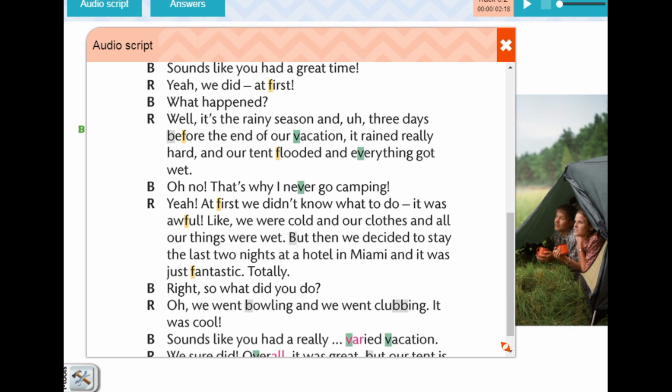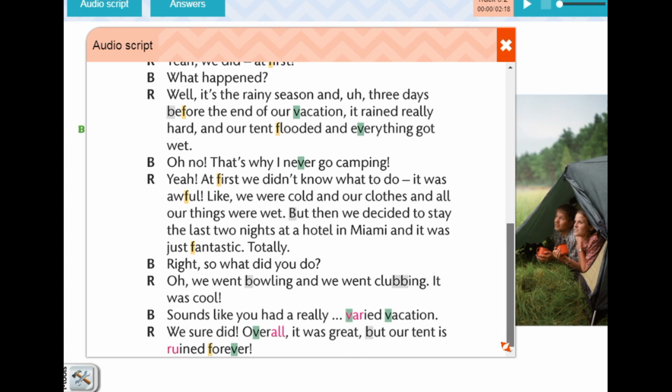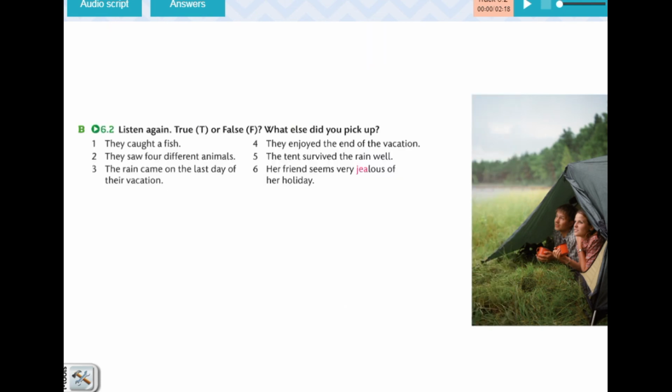He talks about that. They went bowling, they went clubbing, they did indoor activities. Remember that? Go clubbing, go bowling. So, to finish the conversation here, they say overall it was great, but the tent is totally destroyed. It is ruined forever.